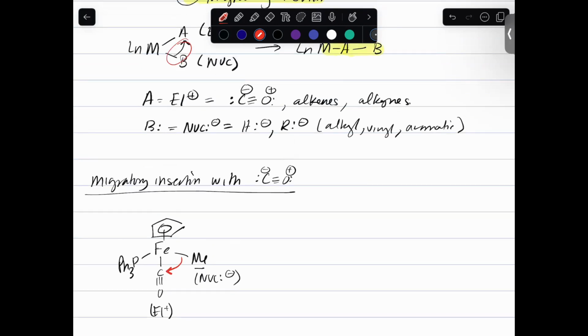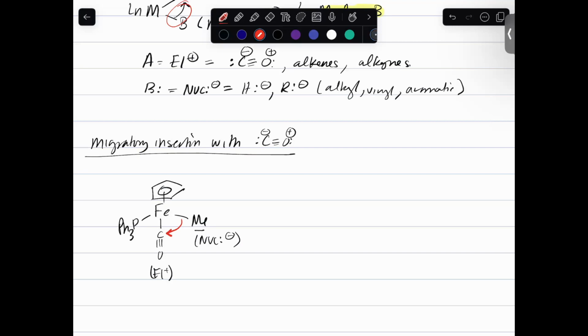The only problem in this case is that carbon can't have 5 bonds. And because it can't have 5 bonds, electrons go towards the oxygen. So it's a bit of a domino effect. And what you get is the following. You get a carbonyl compound.